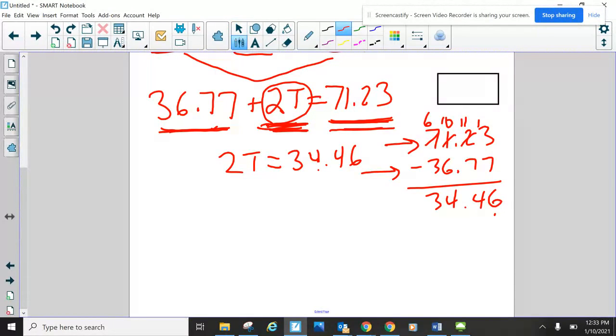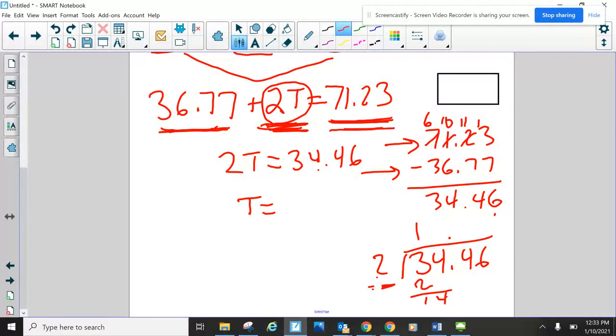So again, going off to the side, if I want to find out what the cost of one t-shirt is, I'm going to have to take this $34.46 and divide it by 2. Okay, we know how to do this. I've got no decimals in my divisor. That's good. So I can just plop my decimal up on top of the house there. How many 2s are in this? 1, 2, 1, 4, 7.